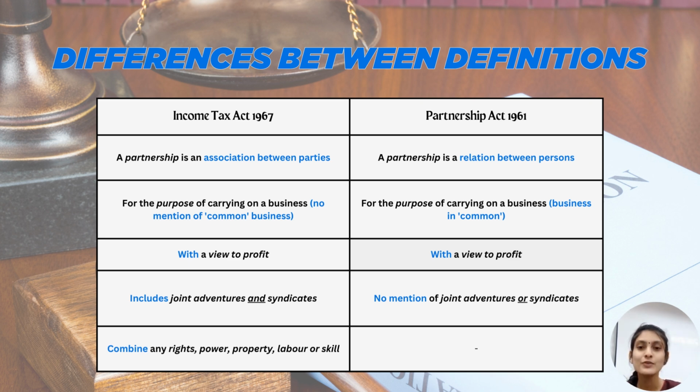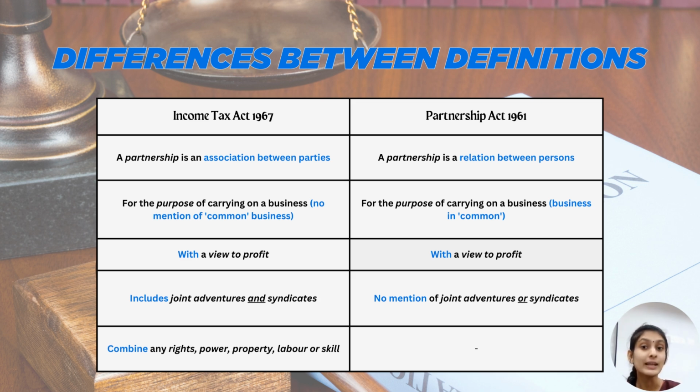Okay, so if you look at the slide, I have separated the Income Tax Act 1967 and the Partnership Act 1961. We look at them one by one, the differences, what exactly they say about partnership. The first point, under Income Tax Act 1967, says that a partnership is an association between parties.